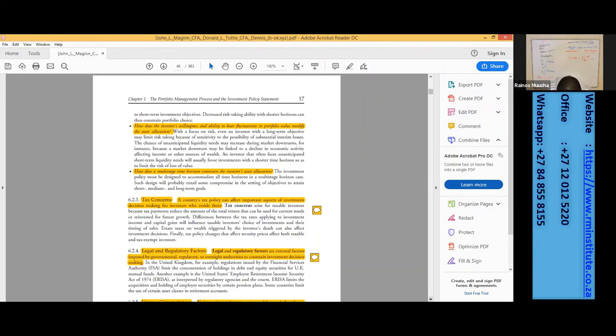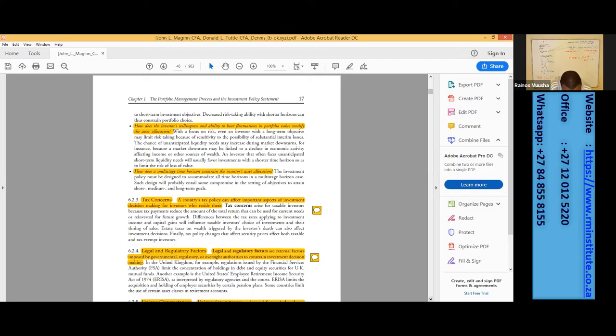So it does not always necessarily mean that a long time horizon always translates into a higher willingness and ability to take risk. Because if the client is not that willing to take risk, you now have to play around to see exactly what allocation you're going to be giving them. Because remember, the allocation is also going to be affecting the risk that the client is getting as well.